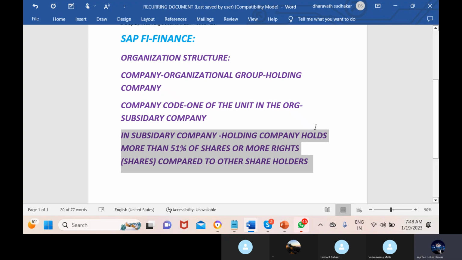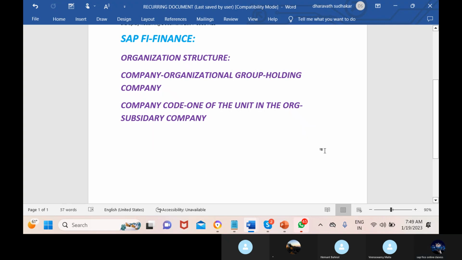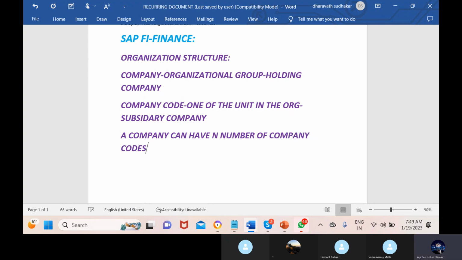Now, a company means a holding company as per SAP. In relation, a company can have n number of company codes.